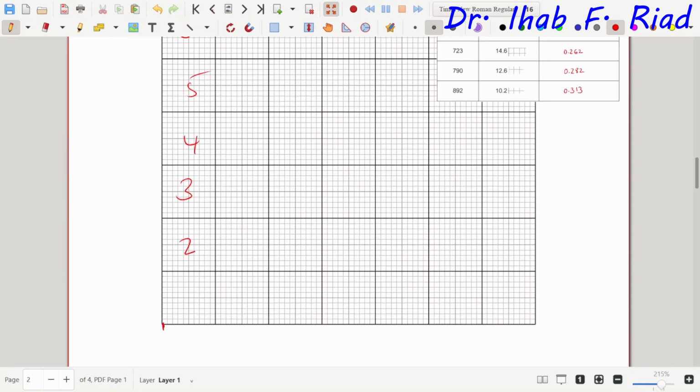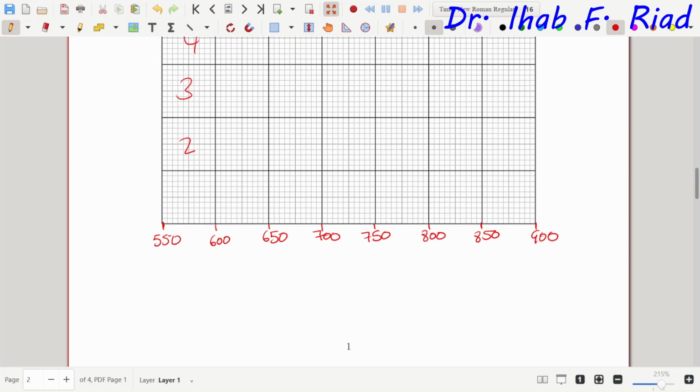So this is going to be 550, 600, 650, 700, 750, 800, 850, and this is 900. And we have on this axis m in the units of g. And what is the scale? It is 50.